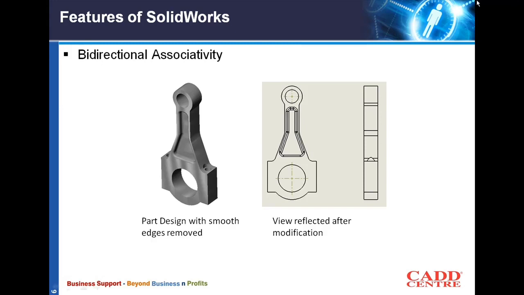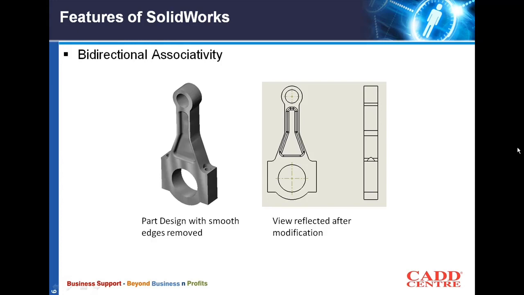The first image shows the part created, and the second image shows the part used for creating orthographic views. The engineer will create the connecting rod first and then create orthographic views. So these are 2 different separate files.